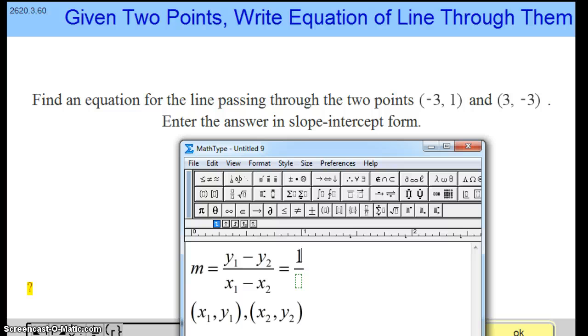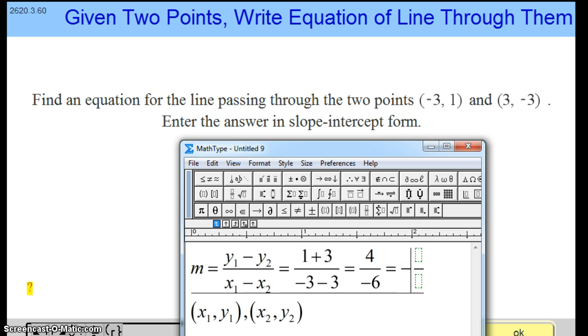So that's 1 minus -3, which is plus 3. And then for x, we get -3 minus 3. Okay, so let's see what that equals. That's 4 over -6 equals -2/3. Okay, so that's our slope.